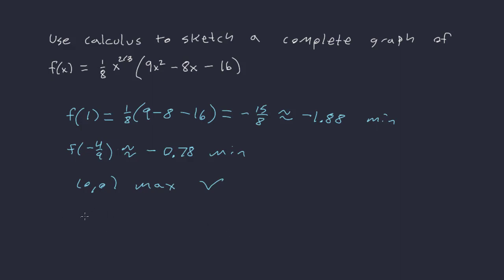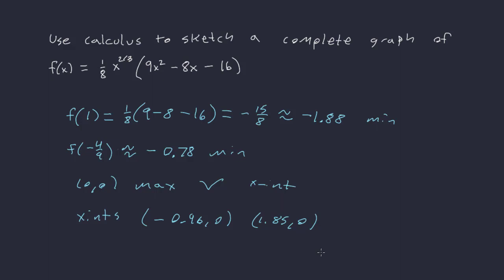And then our x-intercepts, well, one of them is definitely 0, 0, but we also found negative 0.96, 0, and 1.85, 0. All right, so these aren't going to be very nice values.